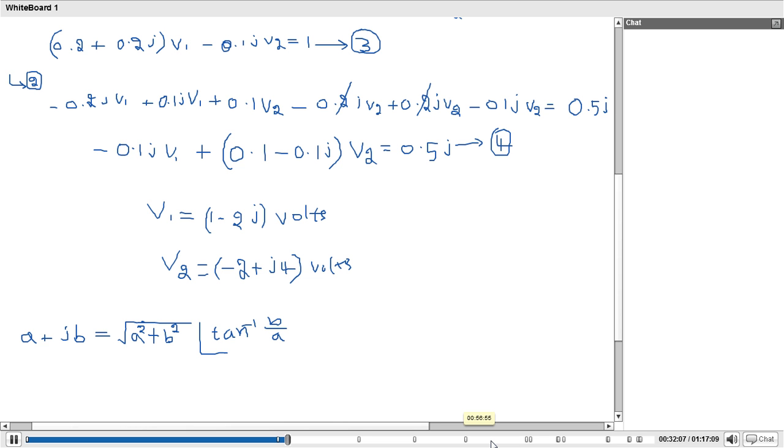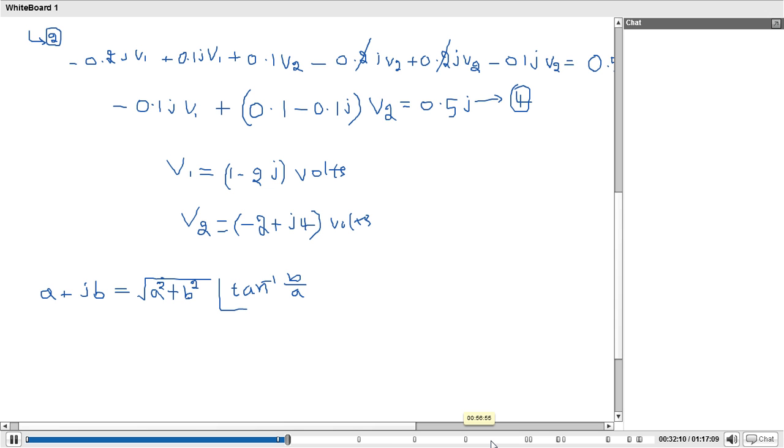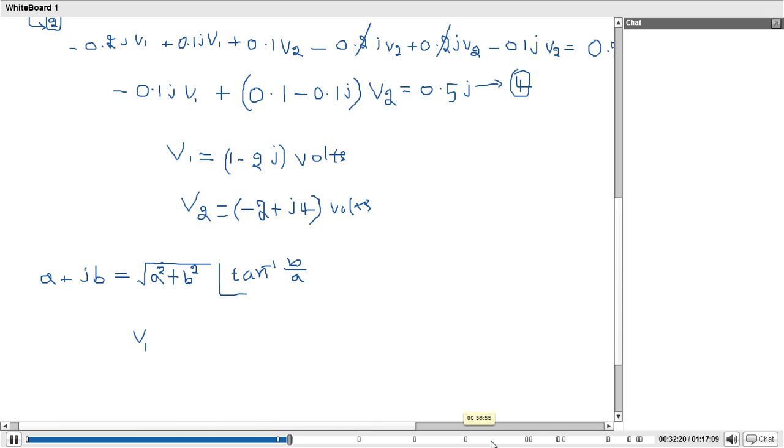For example, in this case V1 is 1 minus 2j and V2 is minus 2 plus j4. So convert these to polar coordinates. V1 is equal to root of real square plus imaginary square. So 1 plus the imaginary square; the imaginary part is minus 2, so minus 2 whole square is 4. And tan inverse of B by A, where B is minus 2 and A is 1.